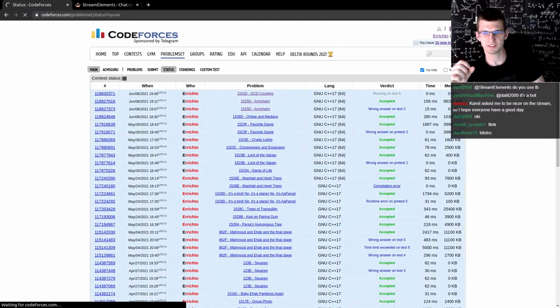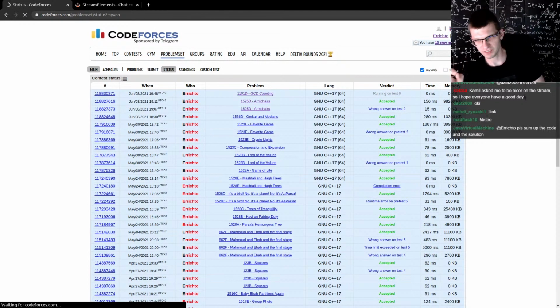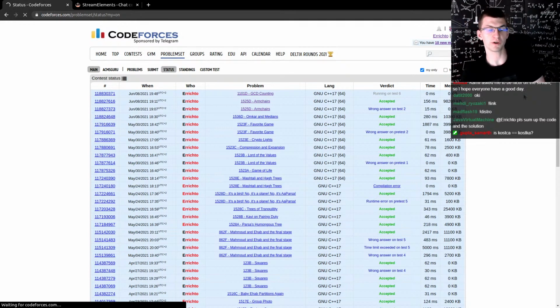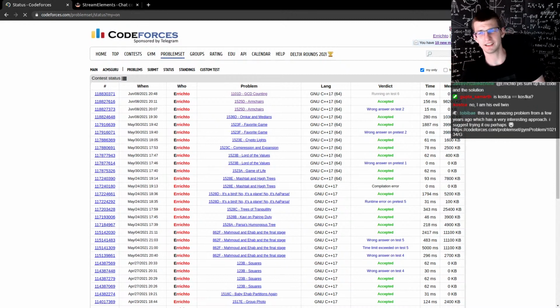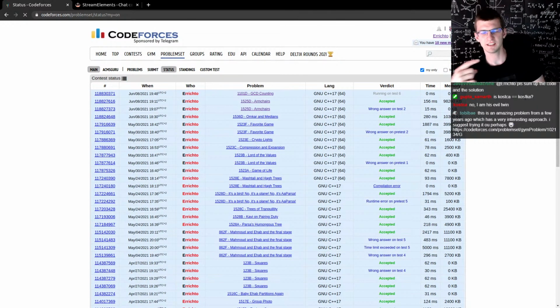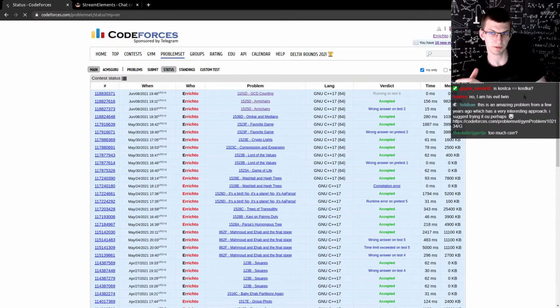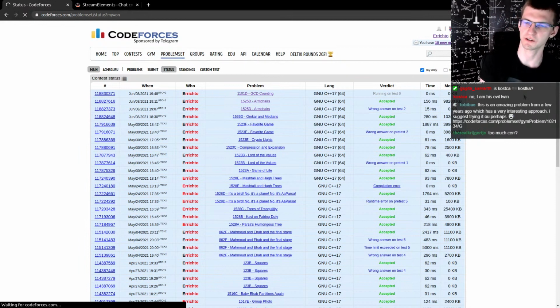Usually when it's running so long, it means that you got time limit exceeded or something else, and Codeforces reruns your solution for multiple reasons. One thing is that if you slightly exceed the time limit, and the second time you get within time limits, you're good. This is how Codeforces fights fluctuations.